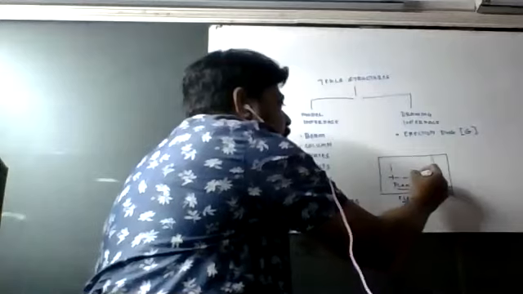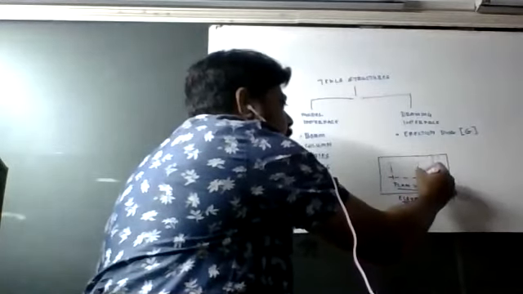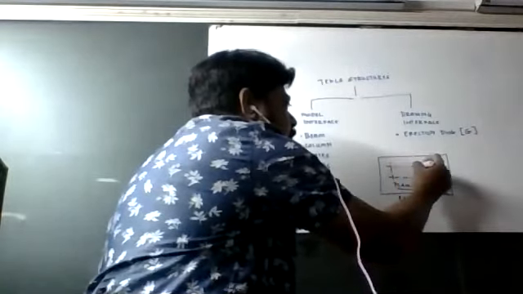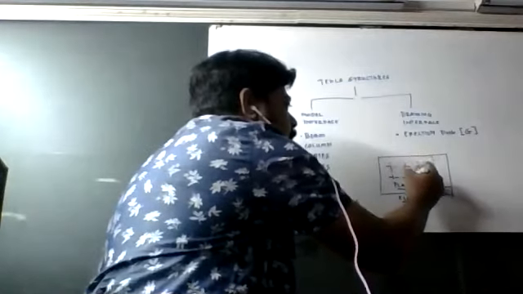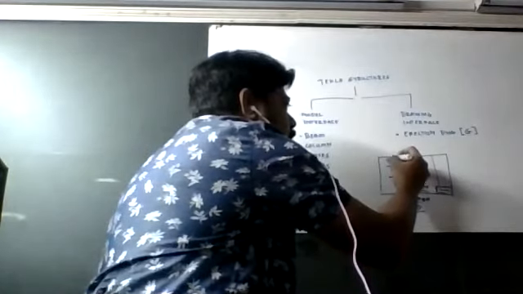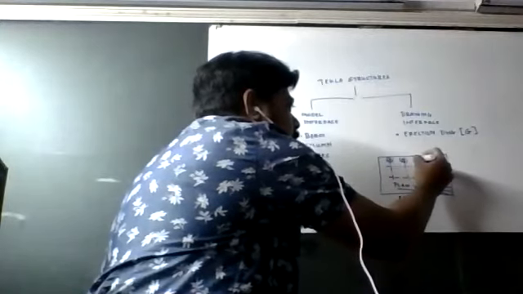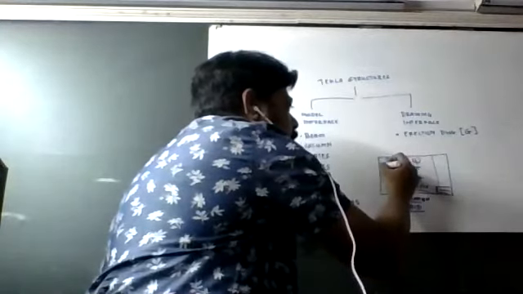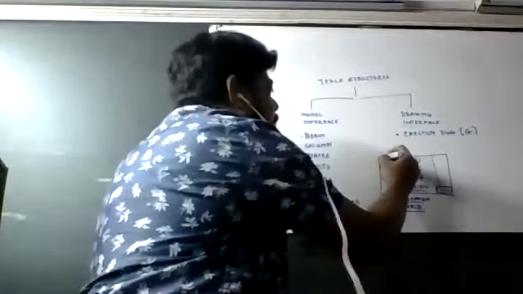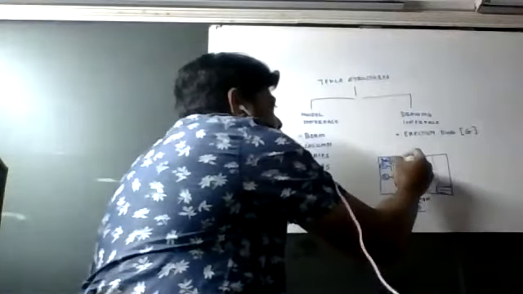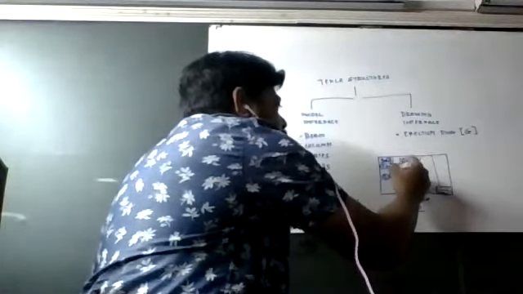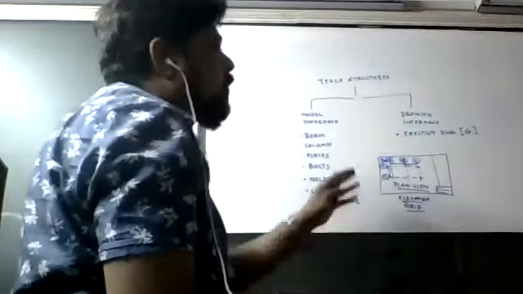So this is the grid. This is north, the north symbol is there, and there will be dimensions given here. Grid dimensions will be given here.